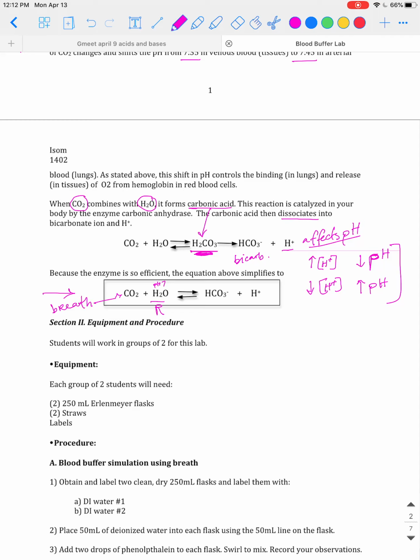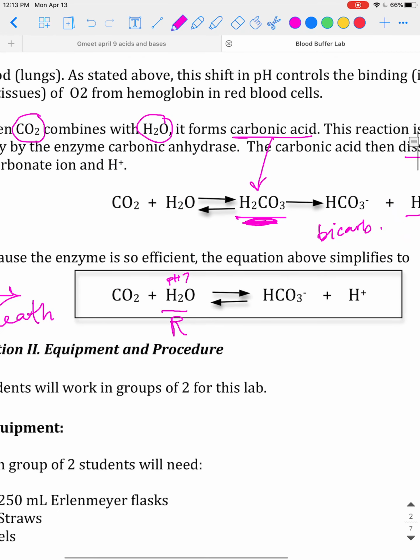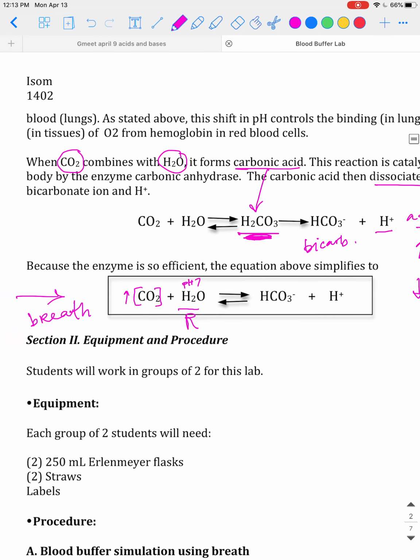We are also going to be breathing into the flask. When you breathe, our breath adds CO2. And according to Le Chatelier's principle, when we breathe into our flask, we are increasing the concentration of CO2, right? And if we increase the concentration of CO2, how will equilibrium shift?